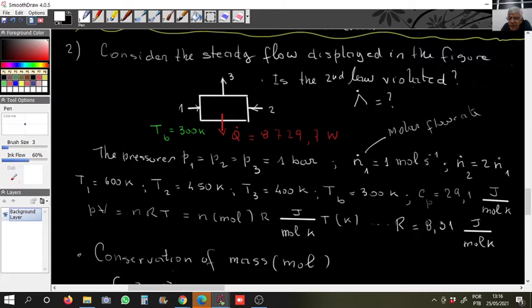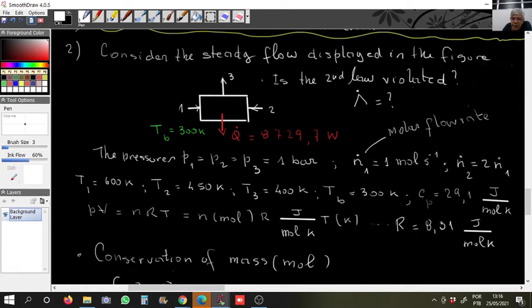Write it down in a better letter. Molar flow rate, the number of moles per second, the unit is mole per second. This is N1, N2 is 2.